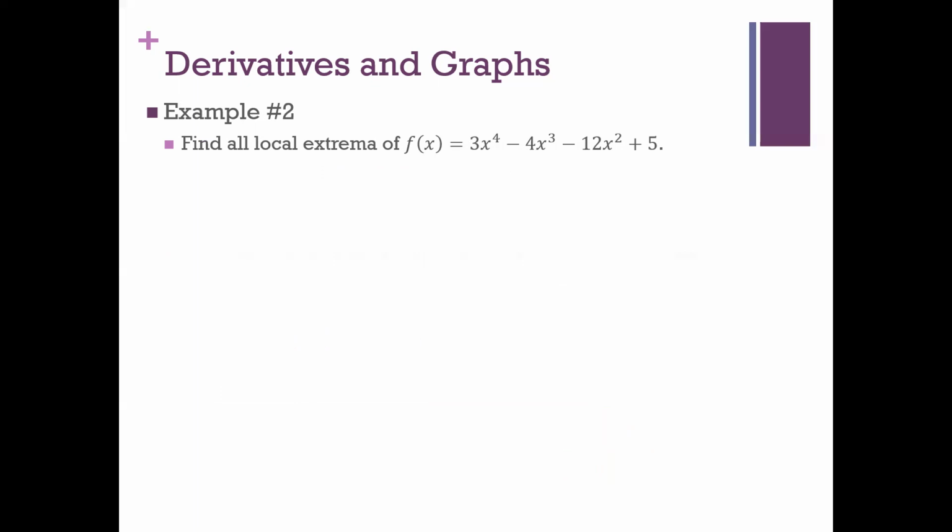Does this function look familiar? Yeah, same one, right? So those are the three critical points, right? Okay, so we didn't find the local extrema. We just found where the function was increasing and decreasing, right? So what do I need to do to find those local extrema?